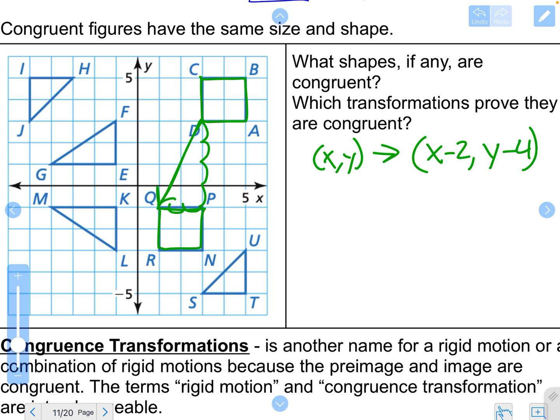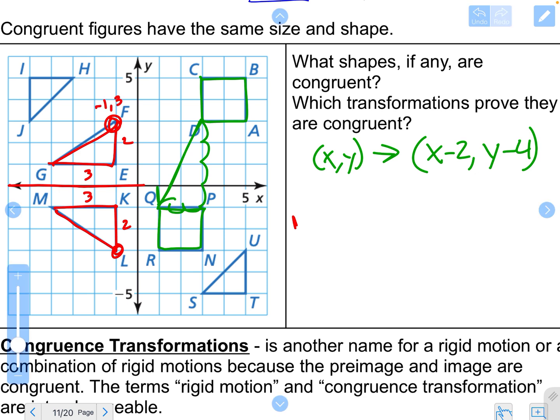Now I'm going to look at triangle EFG, and it's 2 and 3, which means it's going to be congruent to this one here because it's 2 and 3. F and L would be the corresponding points, so I'm wondering if it was reflected. If I look at point F, it's (1, 3) and this is (negative 1, 3).